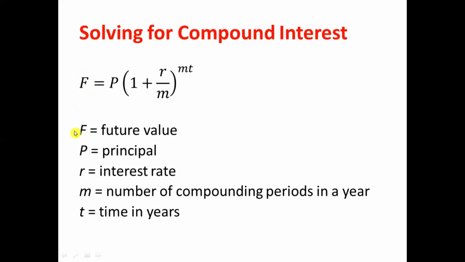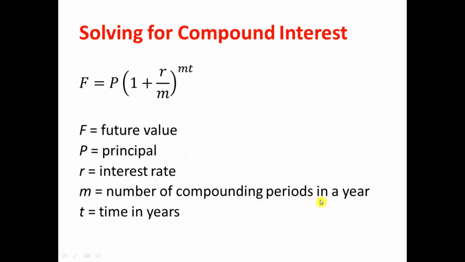But yeah, f is equal to future value, p is the principal, r is the interest rate, and t is the time in years. So we actually have a new variable dito, which is m, or the number of compounding periods in a year. So, madami naka-confuse dito guys, but I just want to explain a little bit.